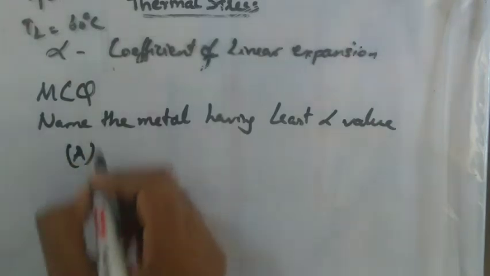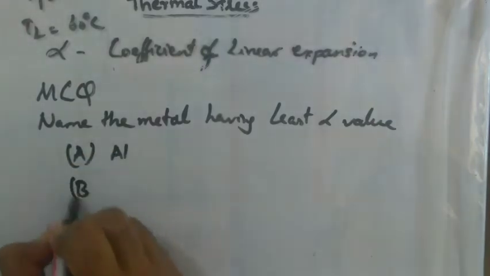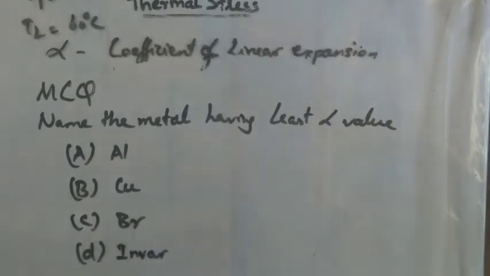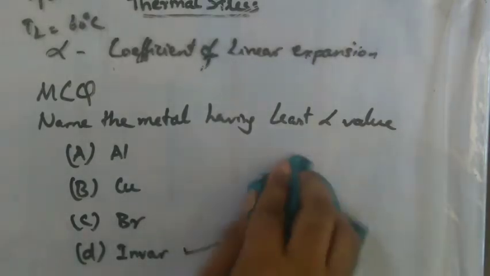Option A will be aluminium, option B copper, option C brass, option D invar. What will you be choosing? You will be choosing D. If the same question is asking for the high alpha value, we will be ticking the option aluminium. Okay, then now I am asking you a question.